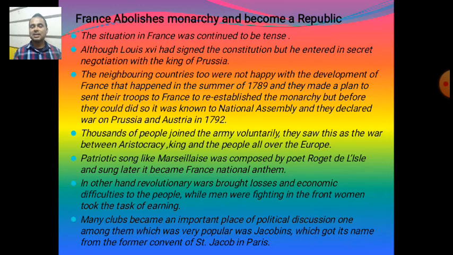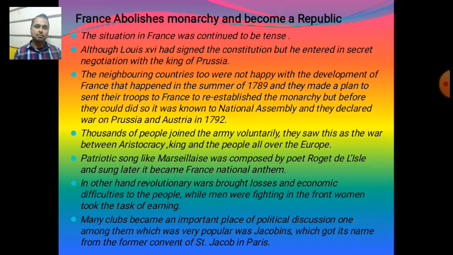And ultimately, what happened when Louis XVI entered into secret negotiation with the king of Persia, they were ready to give them help. Now, in the summer of 1789, they made a plan to send their troops to France to reestablish the monarch. And why they made this plan, as I already told you, they were not happy with this development in France.